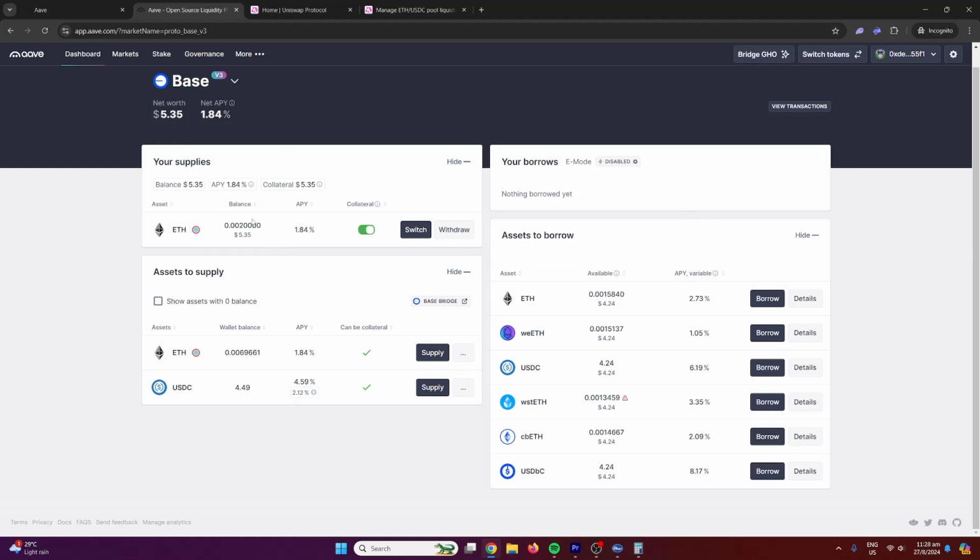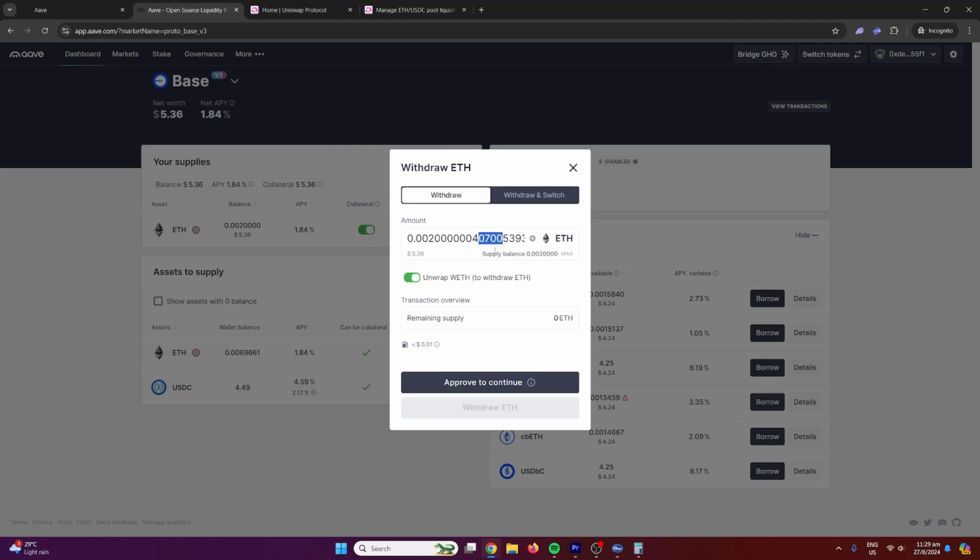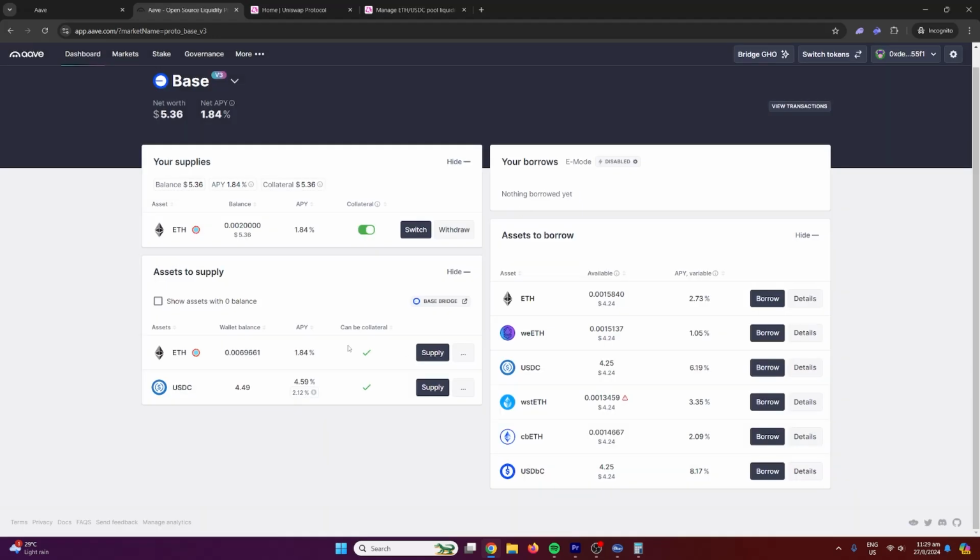The interest that you earn from the asset you deposited is also calculated automatically. If I click on withdraw, you can see this figure has increased by a little bit. This is the interest that I've earned for this short period of time depositing into Aave.